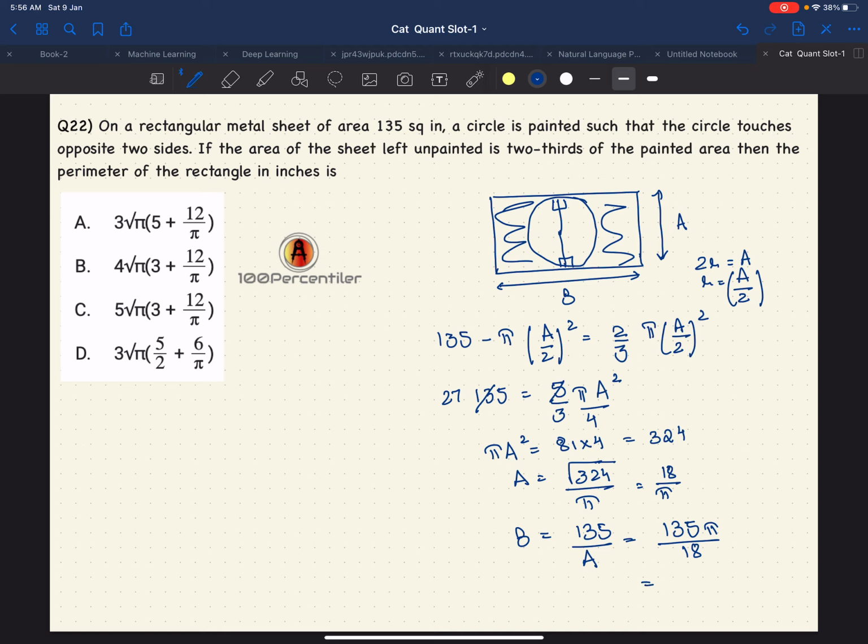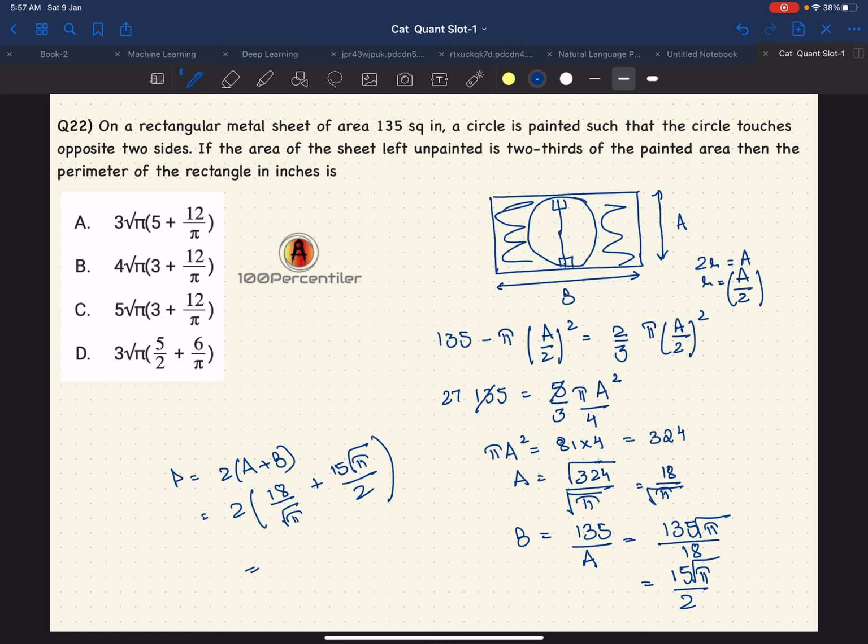So let's simplify this a little. Dividing both the numerator and denominator by 9, we have 15 root pi upon 2. Therefore the perimeter can now be calculated as 2 times a plus b, which is 2 times 18 upon root pi plus 15 root pi upon 2.